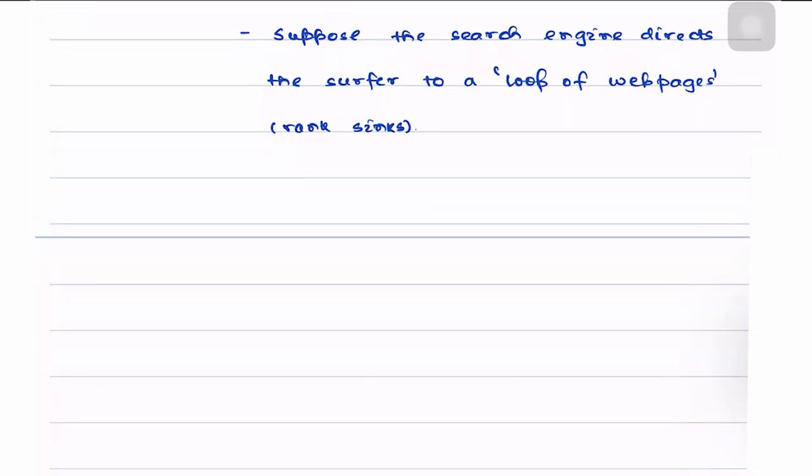So in this case, what happens is it is unlikely that the surfer stays within the loop, right?